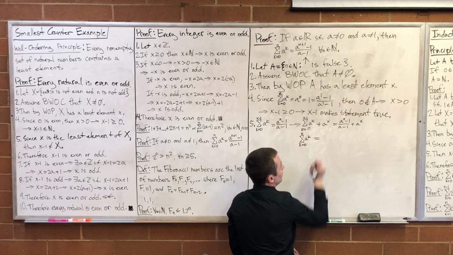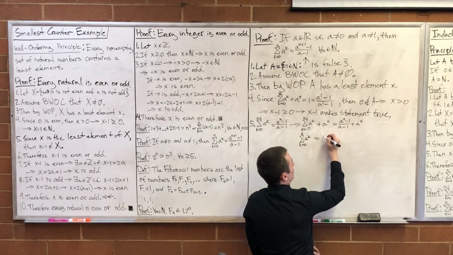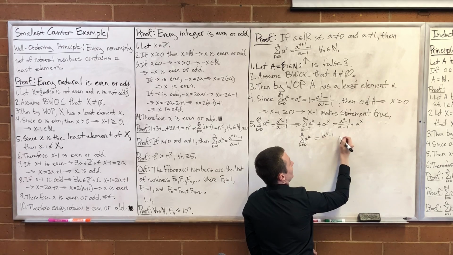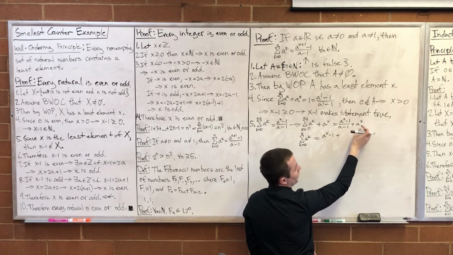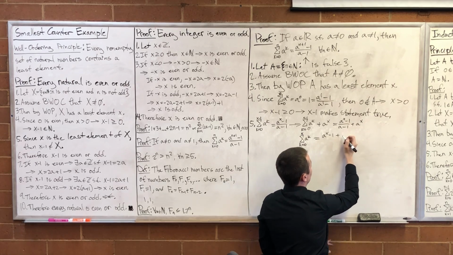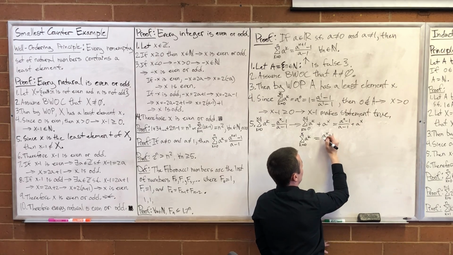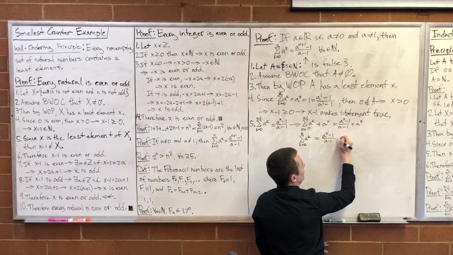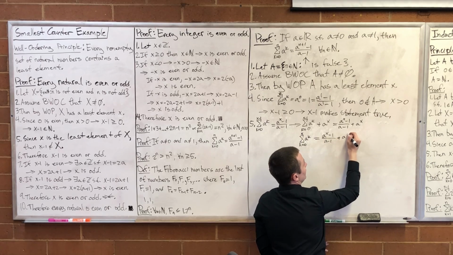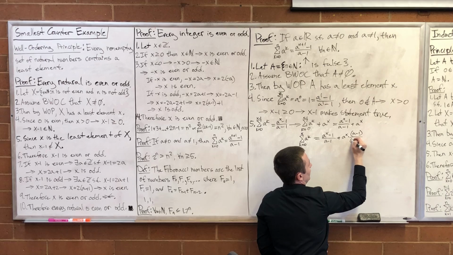And now this is equal to whatever this simplifies to. Get a common denominator, so let's see, we have a to the x minus 1 plus, I'm going to multiply top and bottom of this by a minus 1. So we'll keep it really simple. Plus a to the x times a minus 1 over a minus 1.